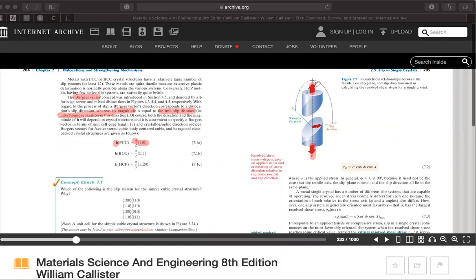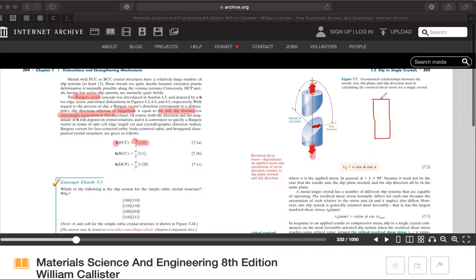Now that stress will be decomposed into other components if the plane inside the material is not perpendicular to that load. What do I mean by this?